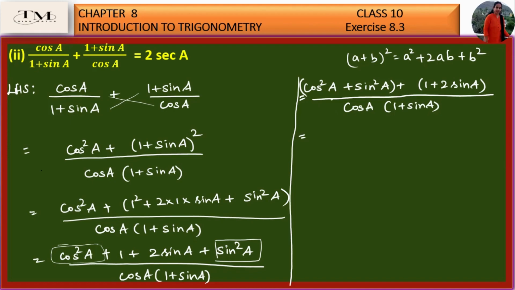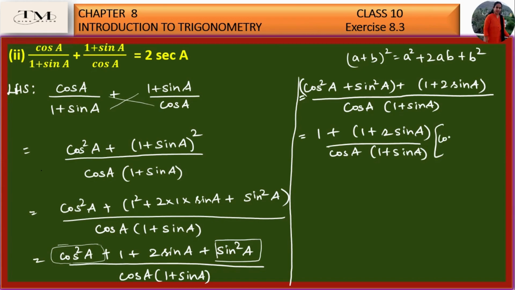So this is equal to cos square A plus sin square A is 1, so 1 plus 1 plus 2 sin A divided by cos A into (1 plus sin A).